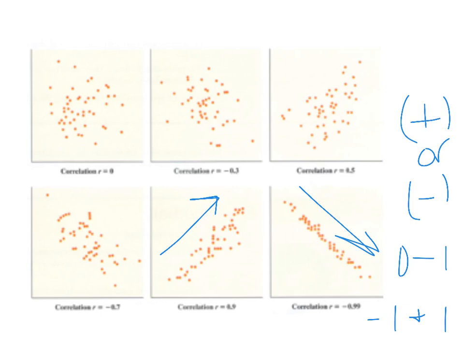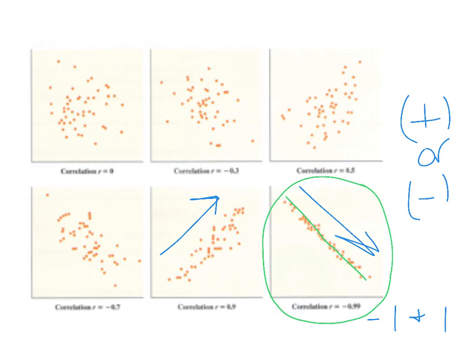The only way you would have a correlation of -1 or of 1 is if they were in a perfectly straight line. You can see this one down here in the bottom right is a correlation of -0.99. They are almost in a straight line, but not quite. There are some that are still a little bit off. To get that true -1 correlation, they'd have to be in an exact straight line.